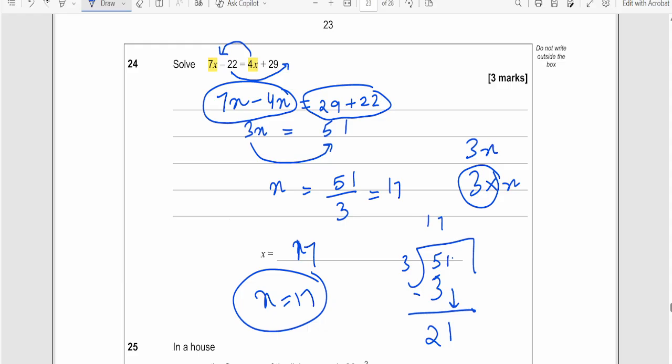Okay. Can you try this? x minus 4 is equal to 10. Find x. What was x again? Sorry, you have to find x. x is the unknown value.